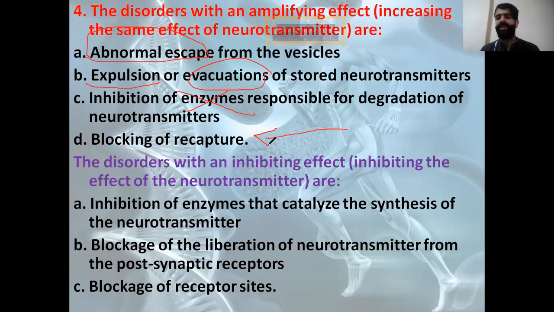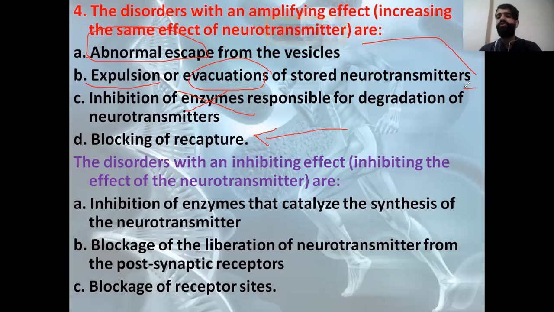So these neurotransmitters are not recaptured. They are very similar to the one that we started with, except for these two, which are a little bit different. We have abnormal escape from the vesicles, where we have abnormal exocytosis of the neurotransmitters from the presynaptic terminal, or evacuation of the stored neurotransmitter under abnormal conditions.